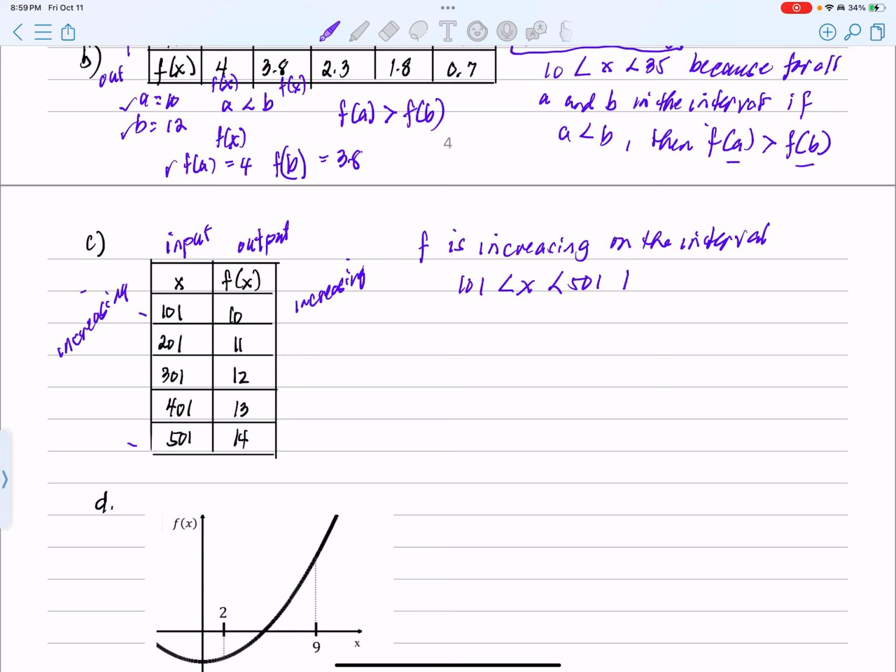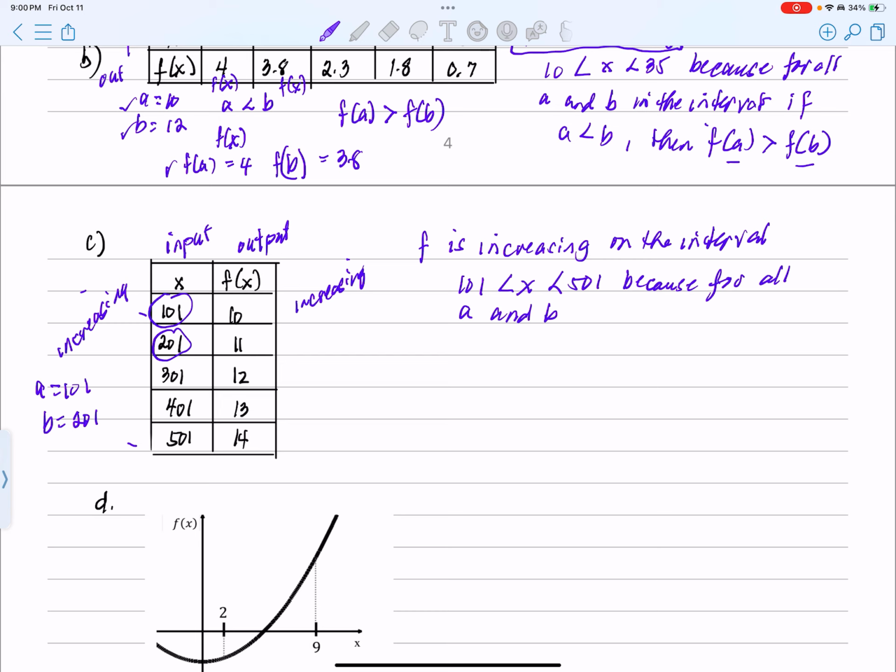Because, you just follow the statement. Because for all A and B, okay? So for example, I'm going to use 101 as our A, okay? And 201 is our B, okay?